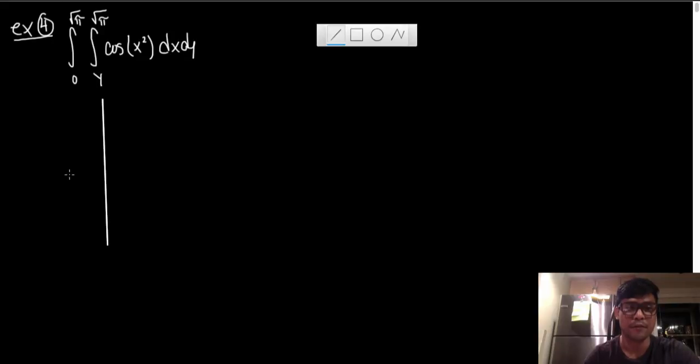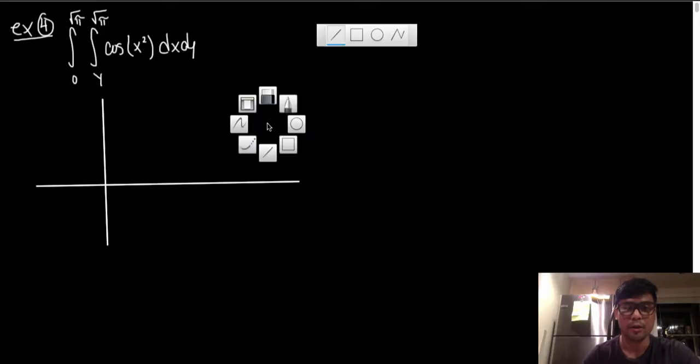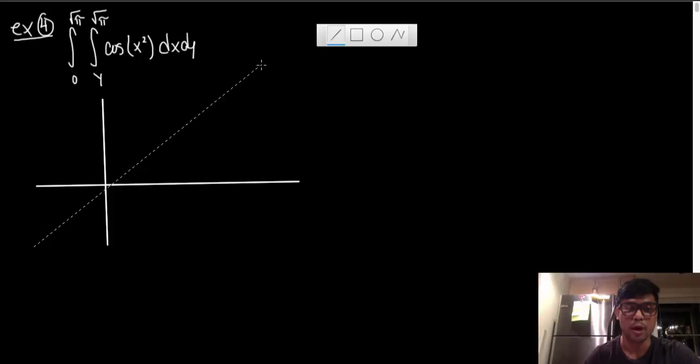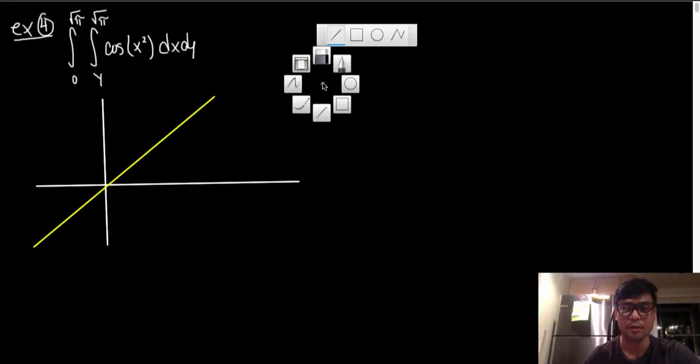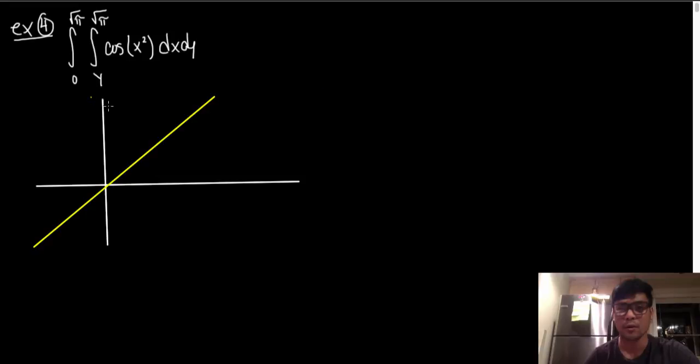So I'll draw my set of axes here. Now what we're saying is x equals y. I'll draw this in yellow. x equals y will look something like this. Let me label my axes: this is the y-axis and the x-axis.